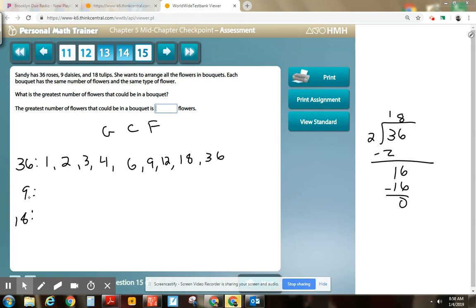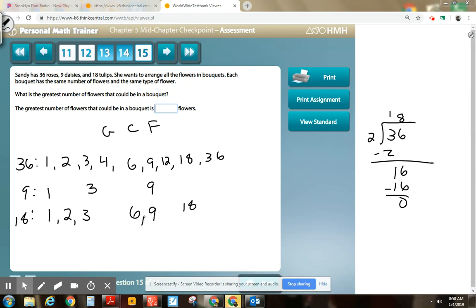Let's find the factors for 9. We got 1, we got 9, we got 3, right? The factors for 18: 1 and 18. We got 2, we got 9. You see how I'm trying to line up my factors here? We got 3, because 3 times 6 is 18.